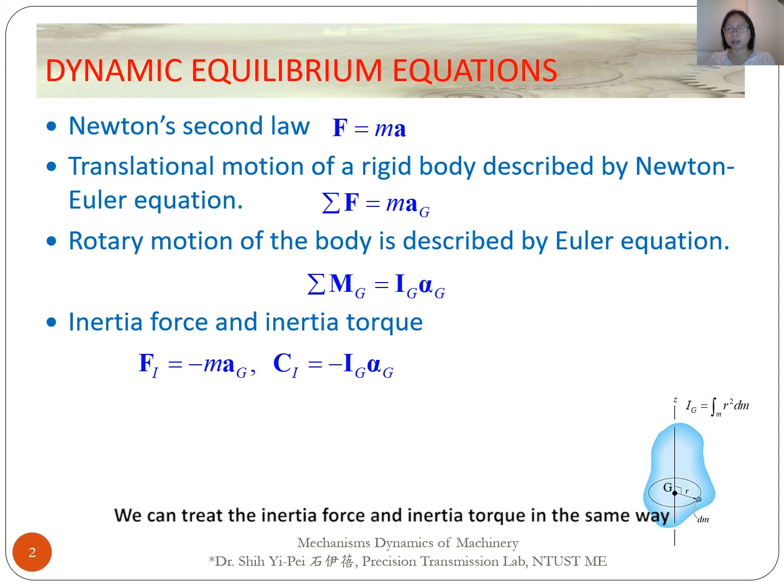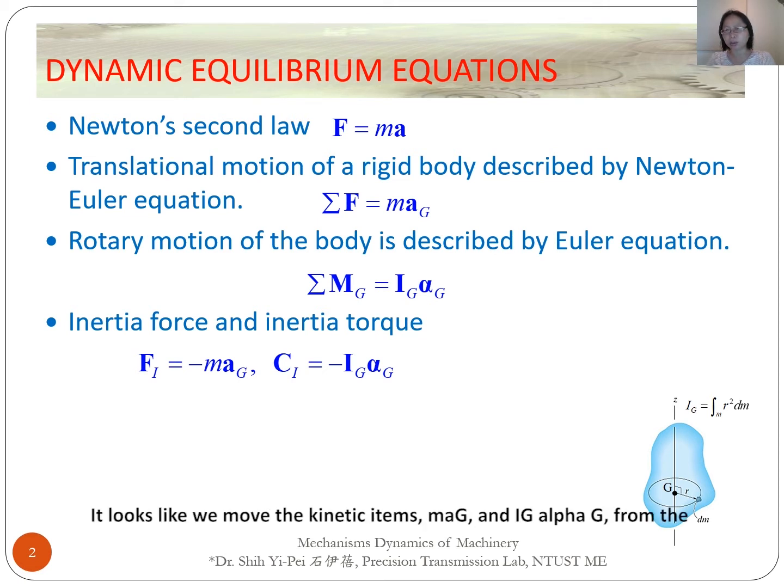We can treat the inertial force and the inertial torque in the same way as any other external force and torque. Then the dynamic equilibrium equations assume the same form as the static equilibrium equations.